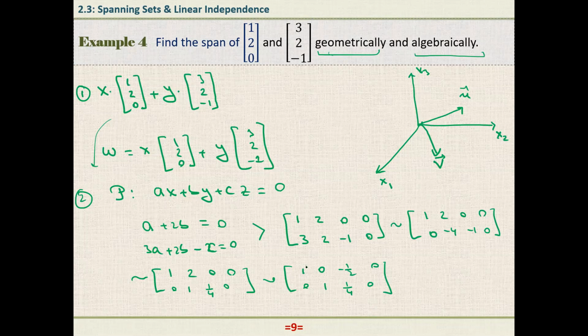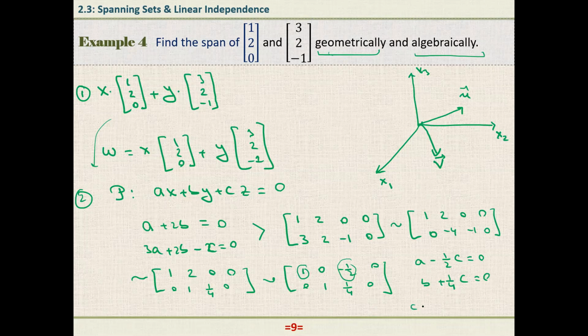So here we have a, b and c. What we have here is a minus 1 over 2 c is equal to 0, and b plus 1 over 4 c is equal to 0. From here, they are just multiples of c.